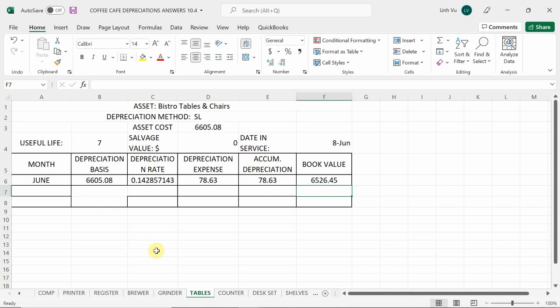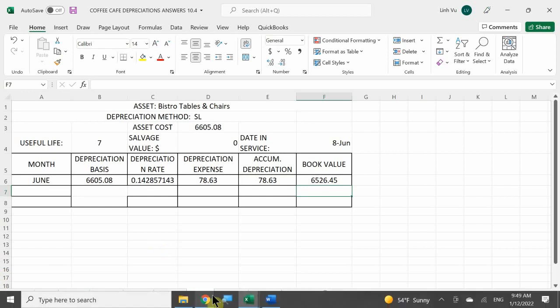So my bistro tables and chairs is 78.63.